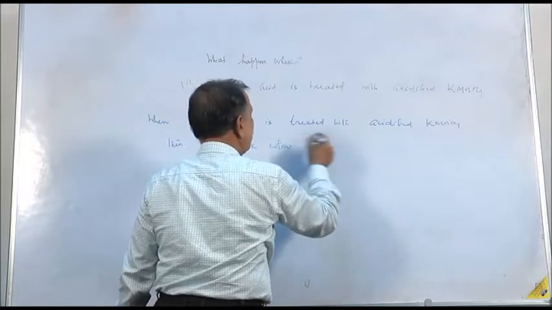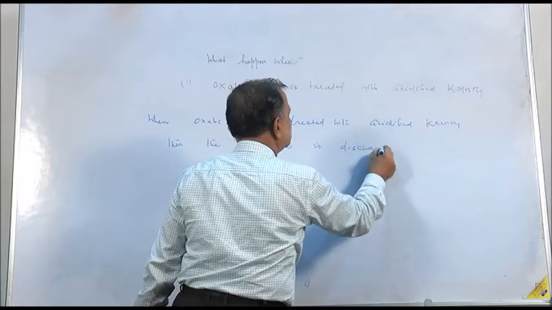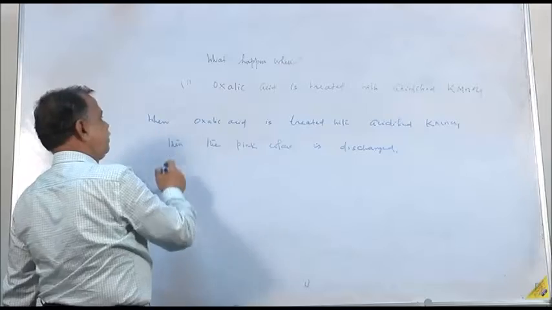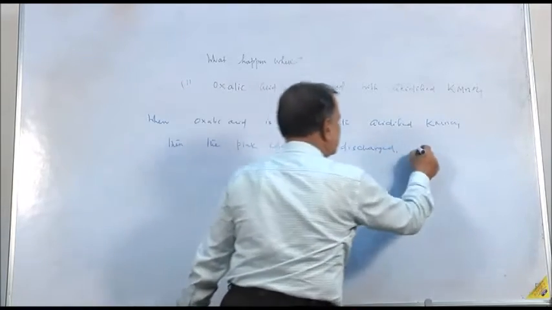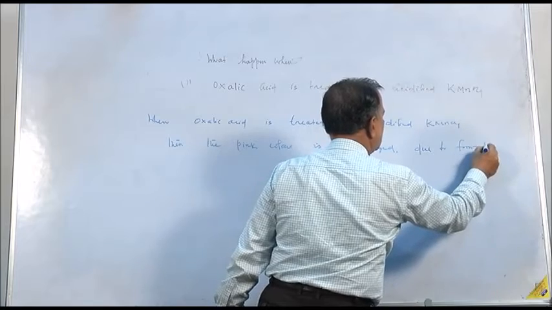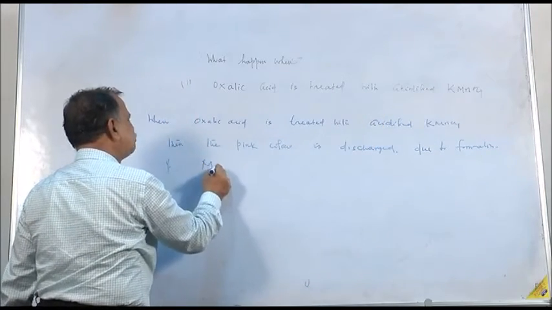How does the pink color go? It becomes colorless, discharged, because of the formation of manganese sulfate.